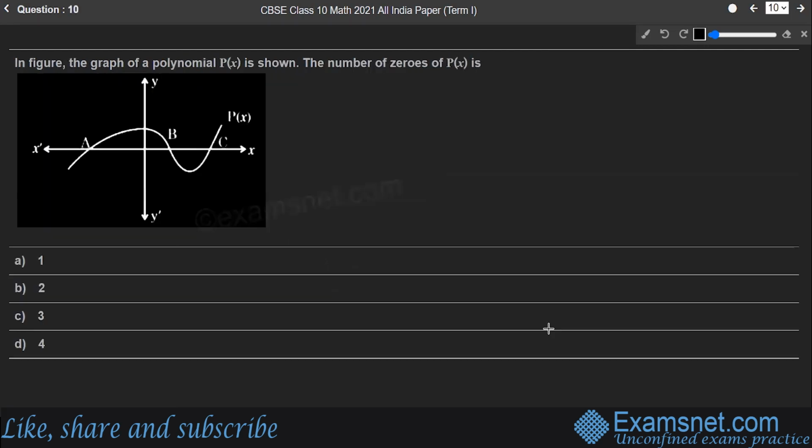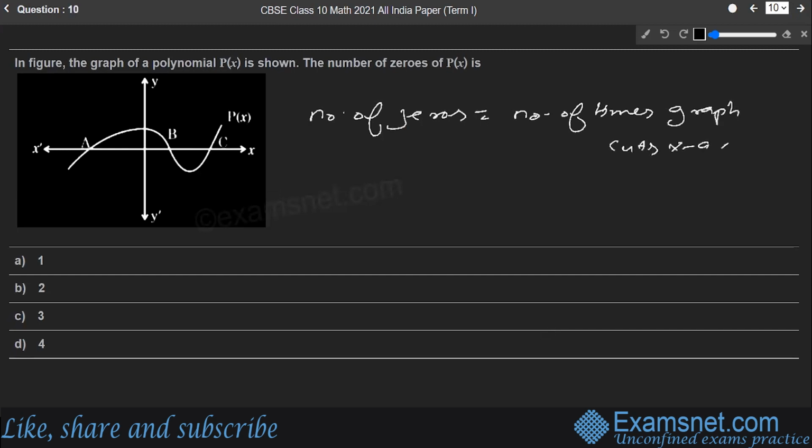Next. In a figure, the graph of polynomial p(x) is shown. The number of zeros of p(x) is, okay. As we did in the earlier question also, the number of zeros is the number of times the graph cuts the x-axis plus the number of times the graph touches the x-axis.